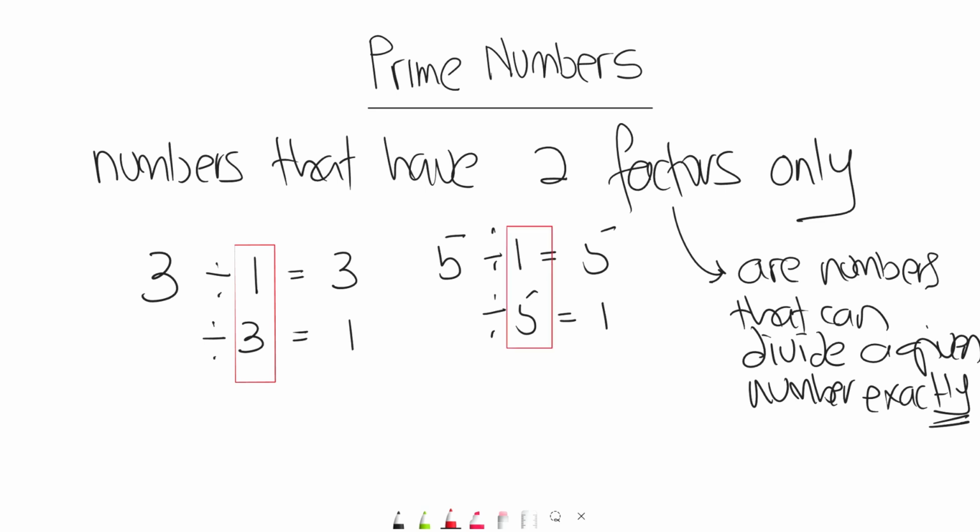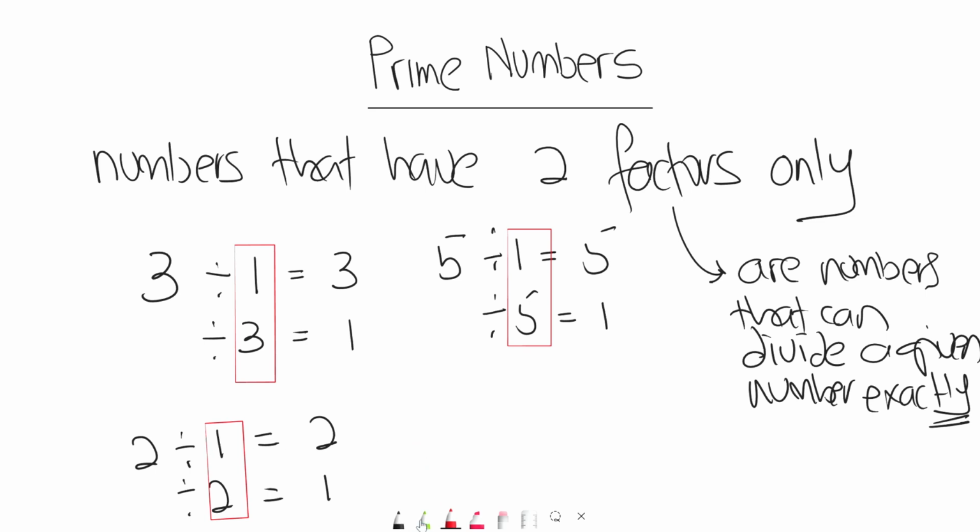There are only two factors. Okay, now what about 2? 2 divided by 1, yes, and 2 divided by itself. Is there any other numbers? No. So 1 and 2 are the factors for 2.